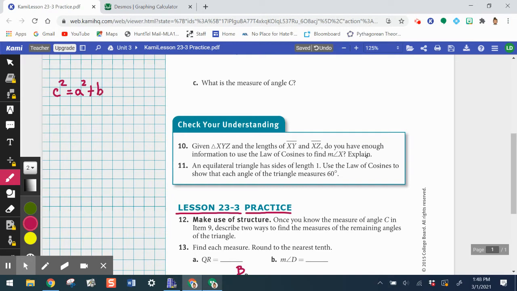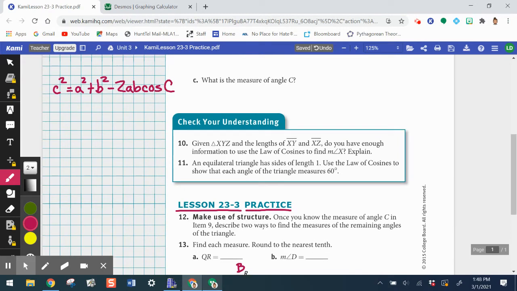I'll go and write out the entire law. A squared plus B squared minus 2AB times the cosine of C. So notice all the elements we actually do have. We have the measure of an angle opposite of the side length we're finding, and we have the length of the other two sides. So that's why I chose this law above the other two.